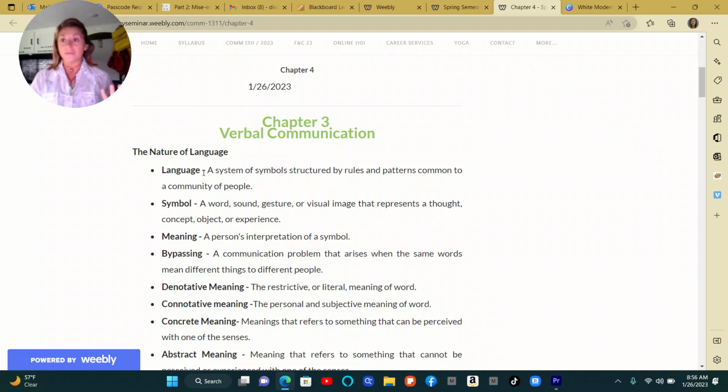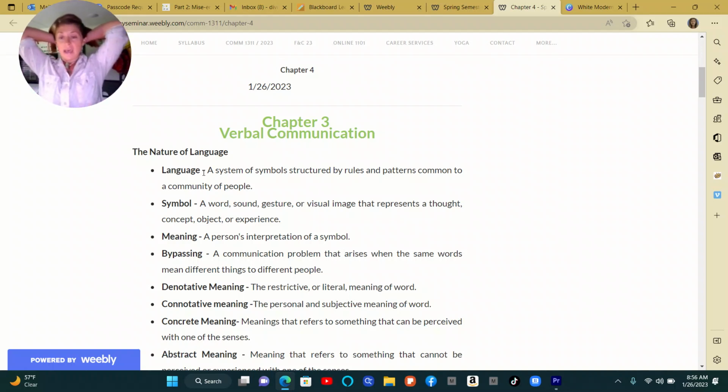Being aware of your incompetence or being unaware of your incompetence. A lot of times that can fall under bypassing, because someone might believe a word means one thing, and others might have another meaning for it, right? So that is what we would consider in communication bypassing.